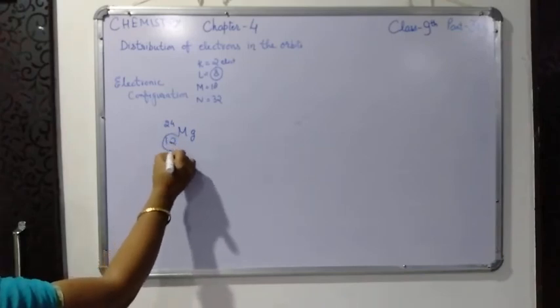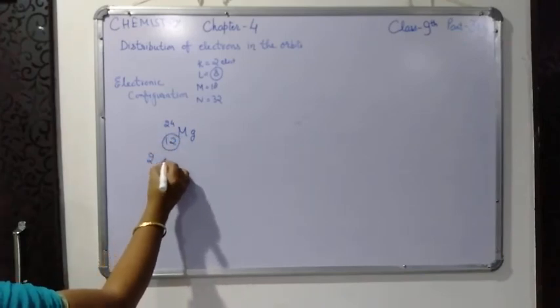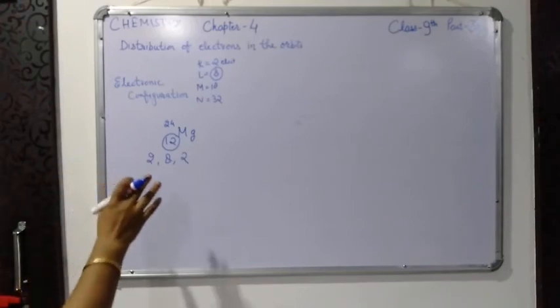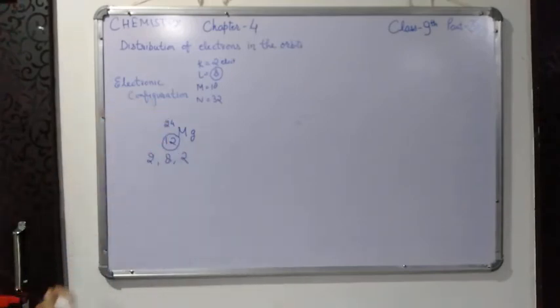So if you make the electronic configuration, it will be 2, 8, 2. So how will you draw the orbital diagram of this magnesium?